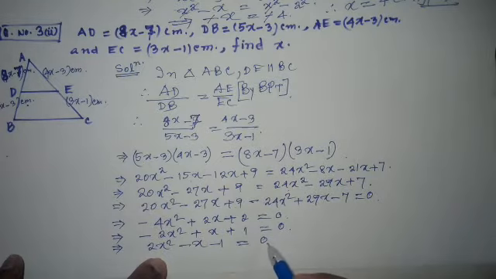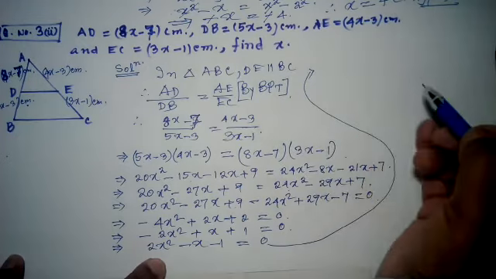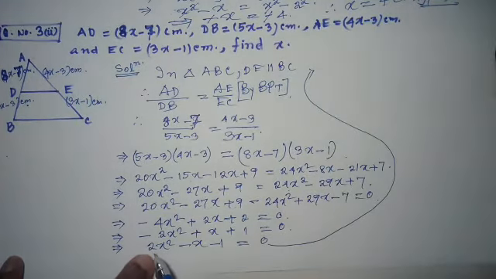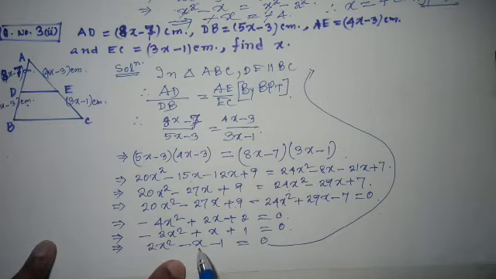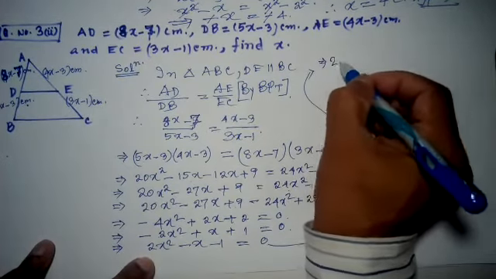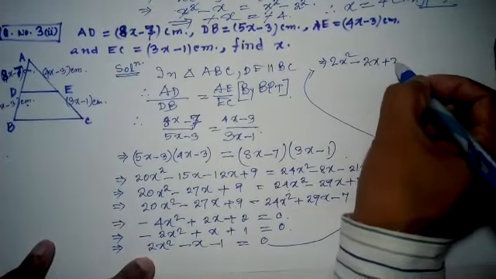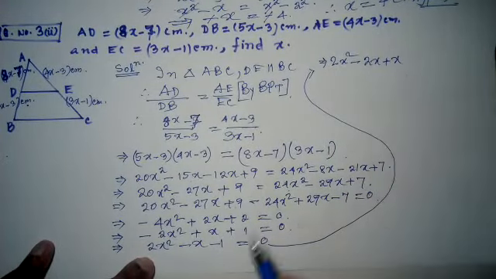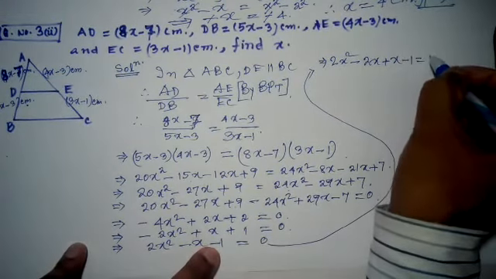So let the factorization I do here. This 2 into 1 is 2, so from that we make the middle term 1x, so we take 2x minus x, it will be 1x. So writing like this, 2x square minus 2x plus 1x, you see minus 2x plus 1x will be minus x, then minus 1 is equal to 0.